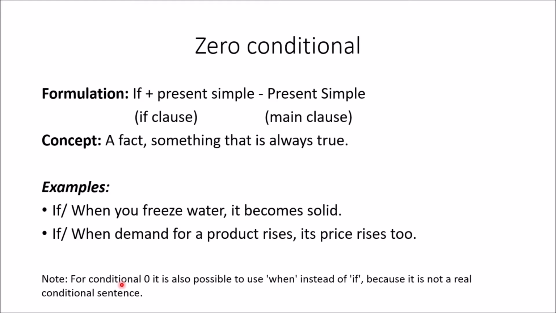0 conditional is formed using if plus present simple to form the if clause and present simple again to make the main clause. And using a 0 conditional, we are discussing a fact or something that is always true, a natural process, a common sense.